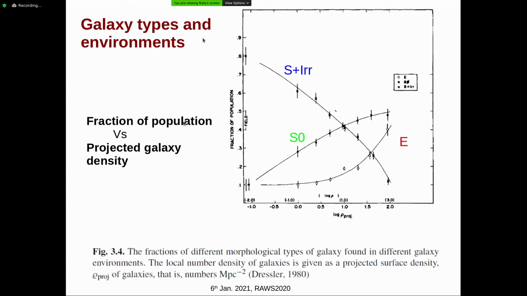This strongly implies a link between the type of galaxy and the environment. Definitely the environment must be doing something to the galaxies in order for them to become elliptical or S0, and something is happening to spirals so that they are disappearing as they go into high density environments.